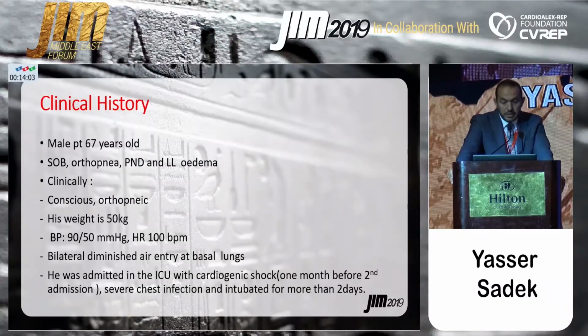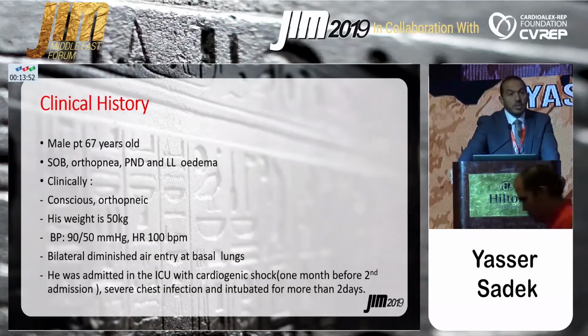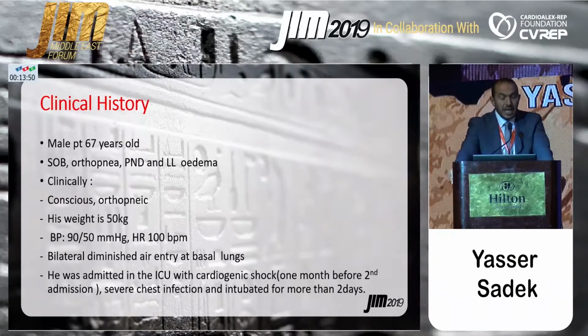He has bilateral diminished air entry at the basal lungs, and he was admitted to the intensive care unit with cardiogenic shock 1 month before this admission, complaining of severe chest infection and intubated for more than 2 days.